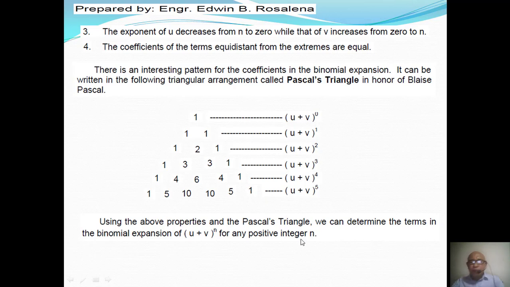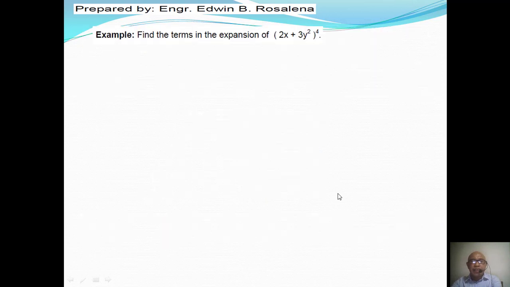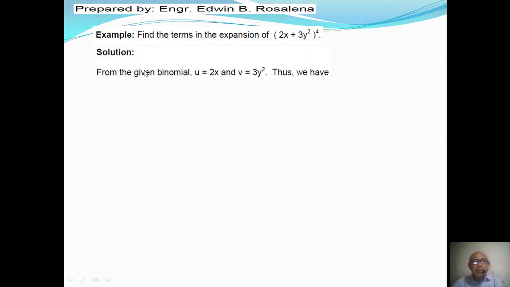Okay? So, for our example, mag-expand lang tayo ng isa. Okay, so tingnan natin. So, ito lang siguro, no? Okay. Find the terms in the expansion of 2x plus 3y squared to the power 4. Okay. So, kung makikita natin dito, so the binomial 2x plus 3y squared, so u is 2x. Can you follow?